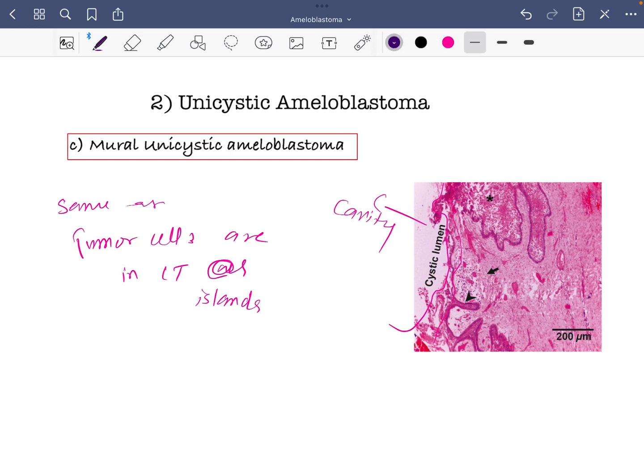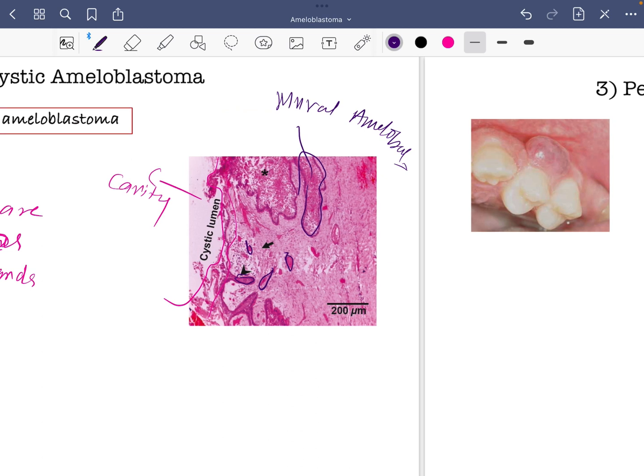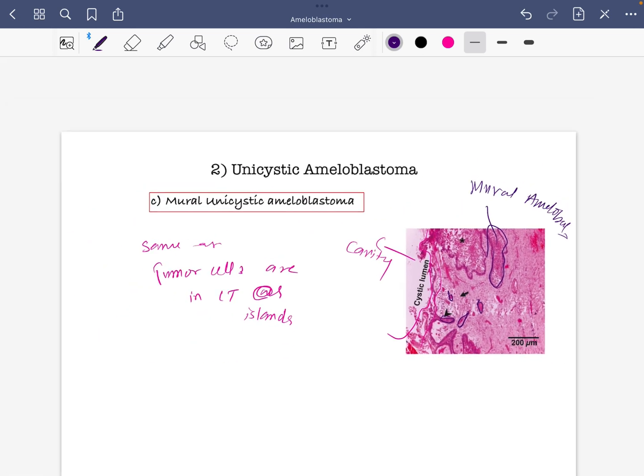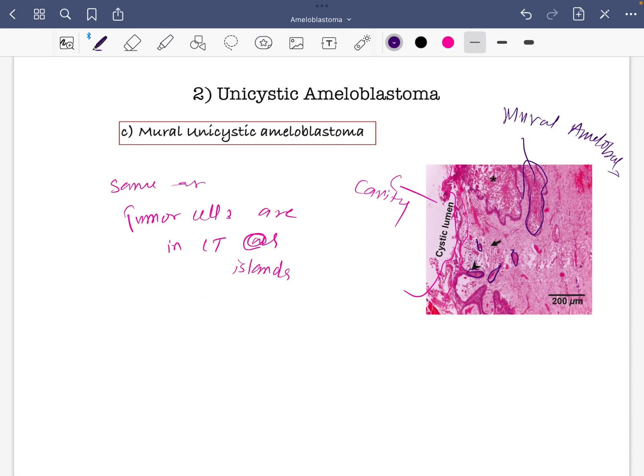So these cells, right? This is your mural ameloblastoma. Everything is the same. You just have to write the Vickers-Gorlin criteria.